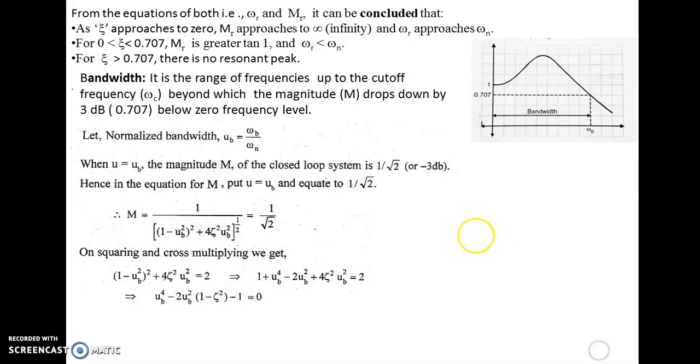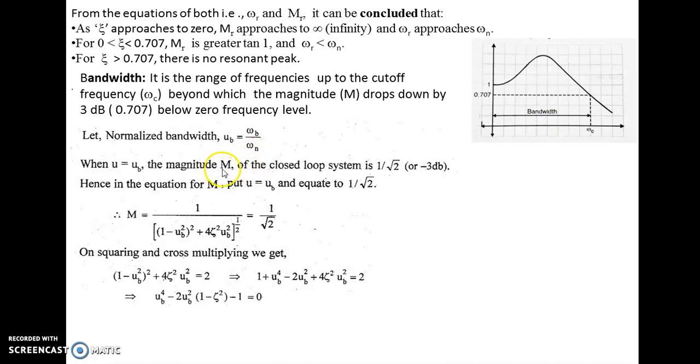Now, the third one is bandwidth. Bandwidth is the range of frequencies up to the cutoff frequency, beyond which the magnitude drops down by 3 dB below the zero frequency level. Again, let us take normalized bandwidth, ub equal to omega b by omega n.